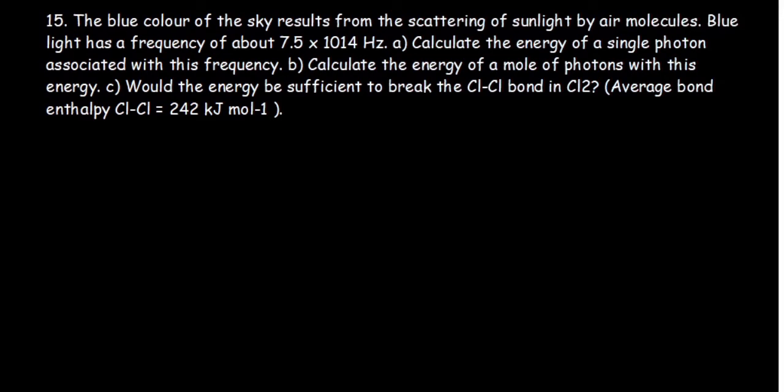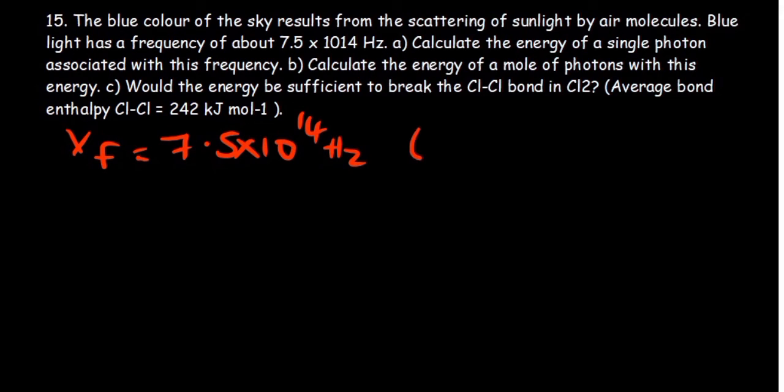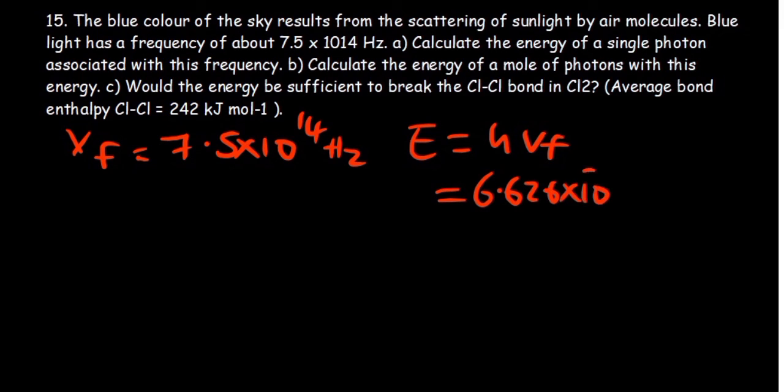Okay, so we can go back to the start of the question. We've been told that the frequency is what? So we have a frequency equal to 7.5 times 10 to the power 14 Hz. The first question is to calculate the energy of a single photon. The energy of a single photon is given as the product of Planck's constant and the frequency. Planck's constant is 6.626 times 10 to the power -34.